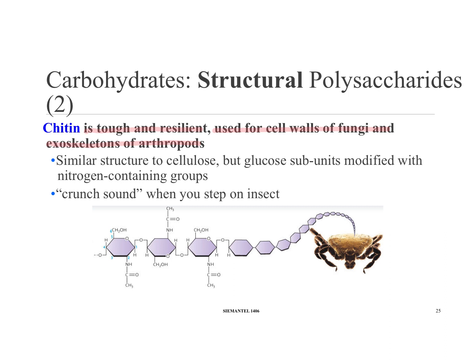When you look at it, it looks very similar to cellulose. But the main difference is that chitin's glucose molecules have these nitrogen groups in them. And it's that nitrogen group that gives it some of these unique properties of being so resilient and so strong. That's why when you step on insects, sometimes you get this crunching noise.